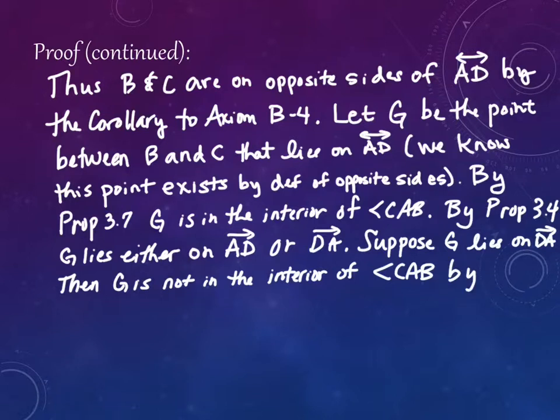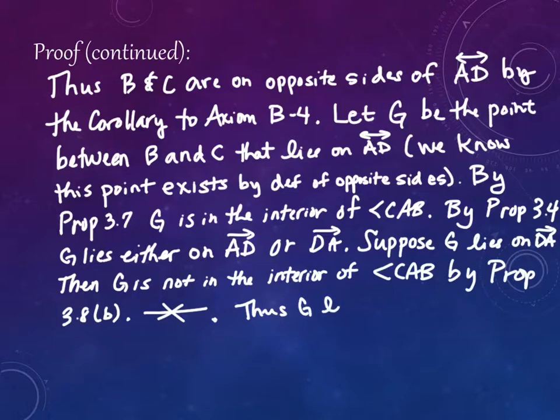And that is by proposition 3.8b. And that's a contradiction. Thus, G lies on AD.